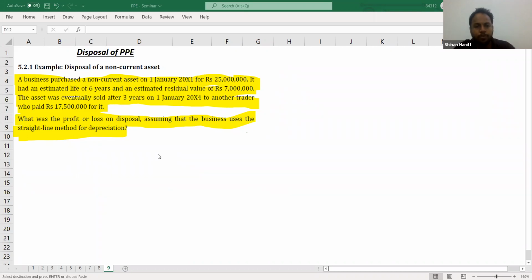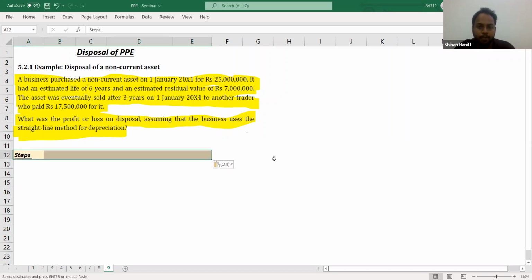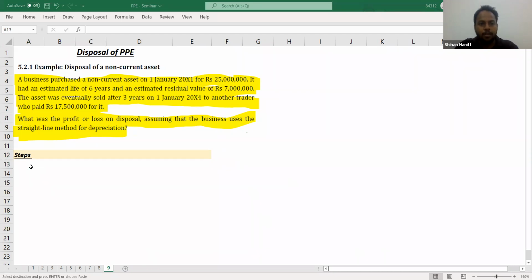So in disposal, there are 4 important steps. Any disposal question, you follow these steps, then it's easy. Step 1 is you take the cost of the asset.